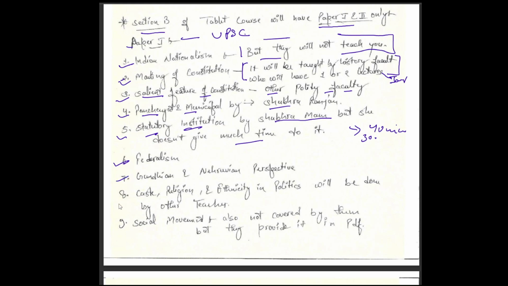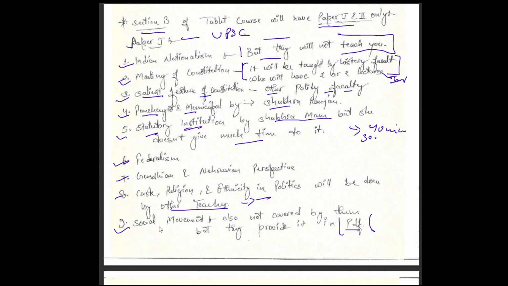Gandhian and Nehruvian philosophy will be taught by Shubhra Ranjan ma'am, and caste, religion, and all the other things will be taught by other teachers, not by Shubhra Ranjan ma'am. And social movements are also not covered by them, but they provide them in a political PDF.